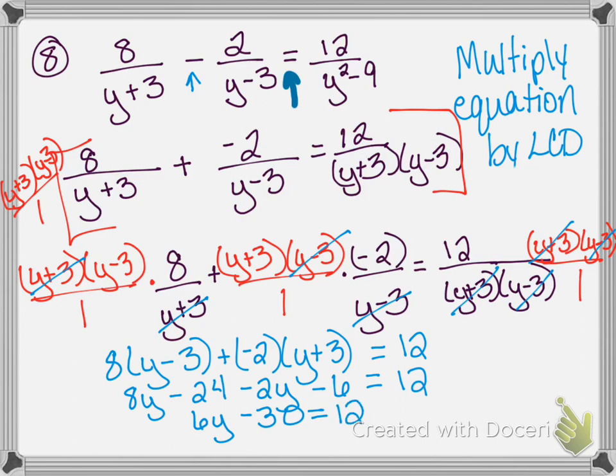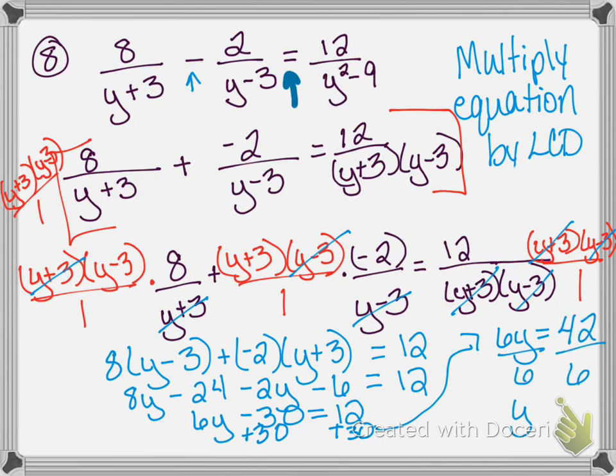Okay, I add 30 to both sides. And then I'm going to move this right over here. So at this point, I end up with 6y equals 42. And I get y equals 7.